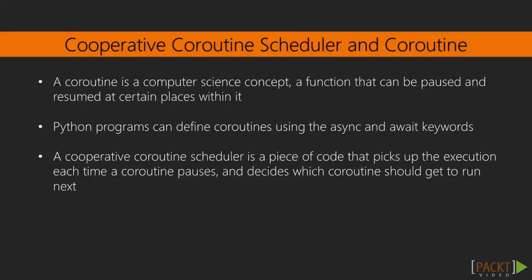It's called a scheduler because it keeps track of multiple streams of execution and decides which one gets to run at any given time. It's called cooperative because the scheduler can't yank the right to be running away from one coroutine and give it to another. It has to wait until the running coroutine pauses itself, and then it can select another coroutine to run.